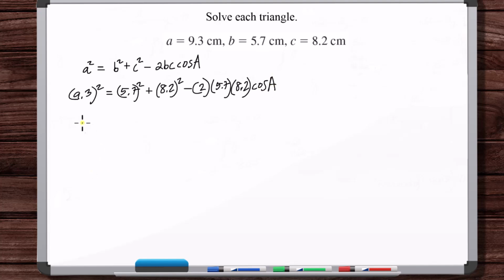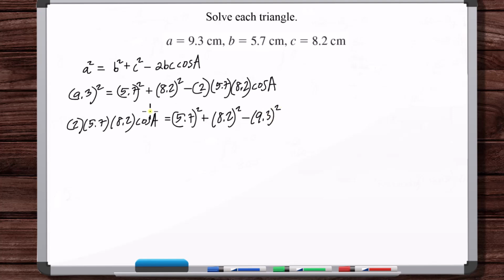Okay, so we can rearrange this. We've got 2 is equal to, so 5.7, right?